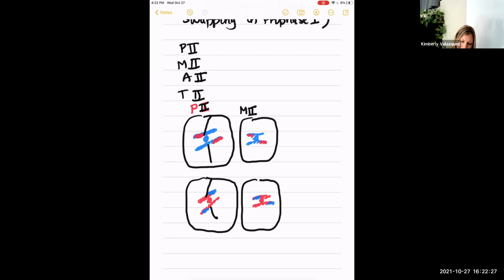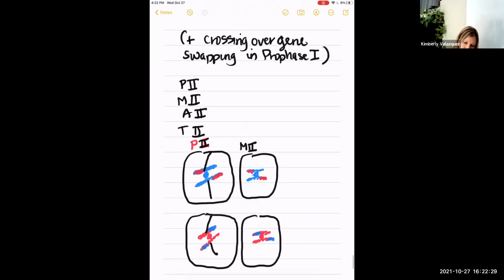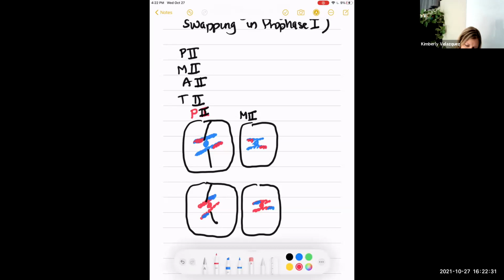And then at Anaphase 2, we're in 2. I'm trying to take shortcuts here and it's really just creating more work for me. In Anaphase 2, sister chromatids separate.